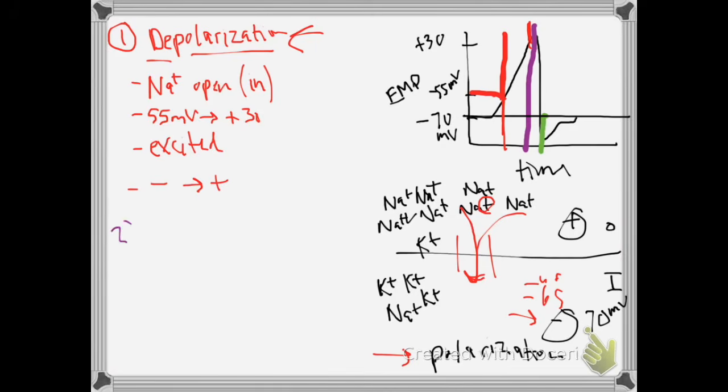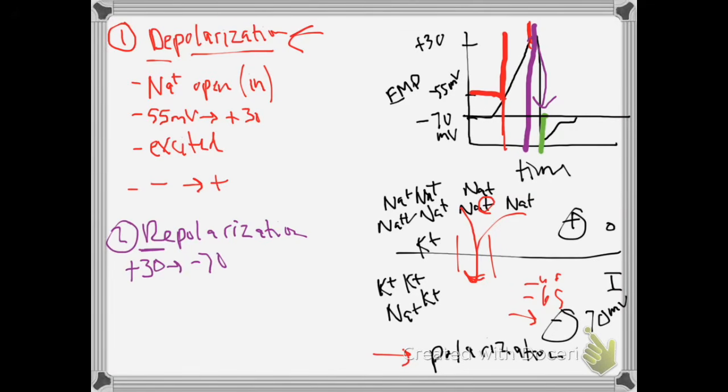So for 2, repolarization means that we're becoming polar again. So polarizing means that we're going back down to these negative values. So this is going to be from like +30 to -70.